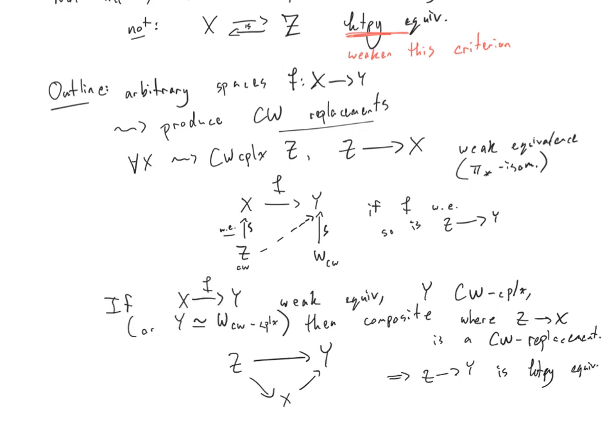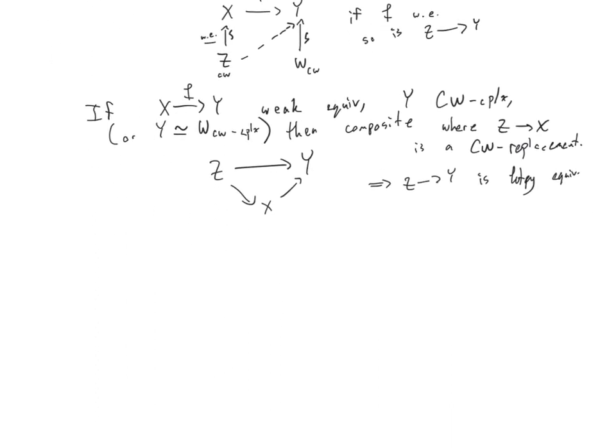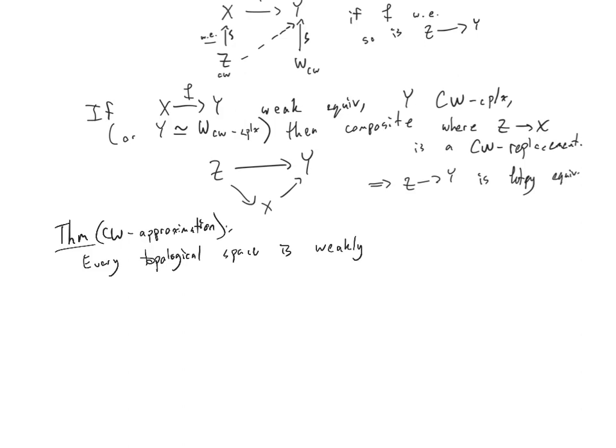So let's state this as a theorem, and then we'll prove it. Theorem, CW approximation: every topological space is weakly equivalent to a CW complex.